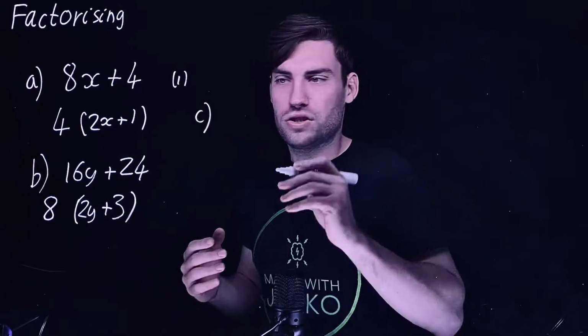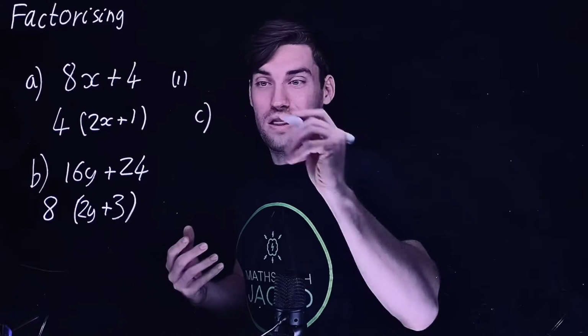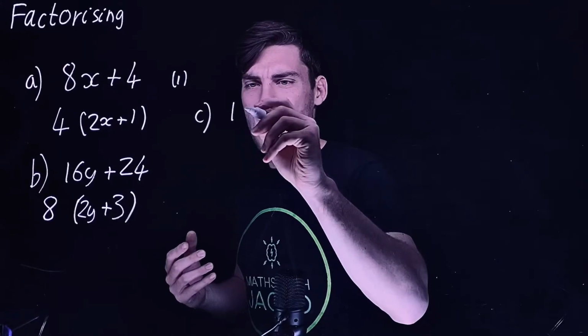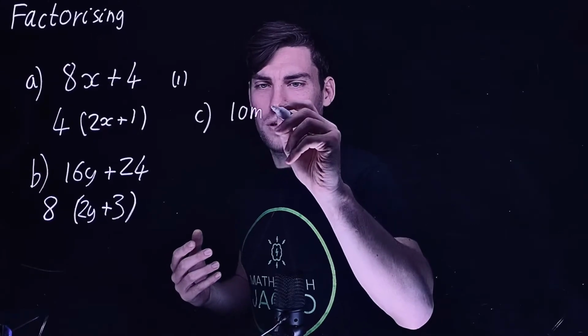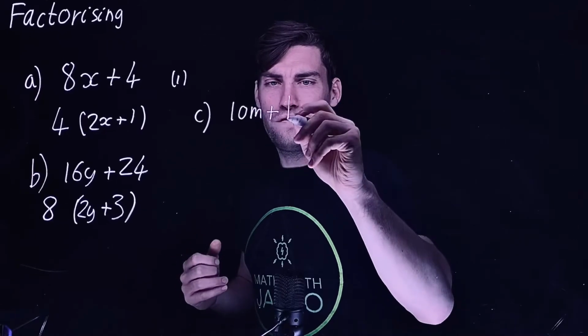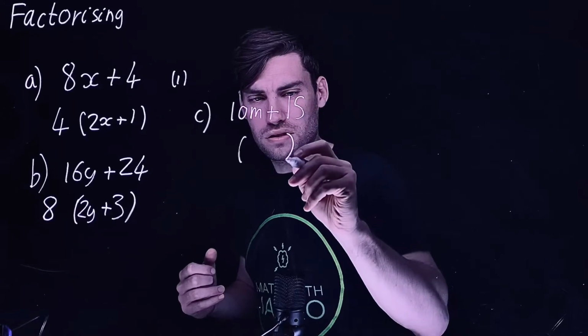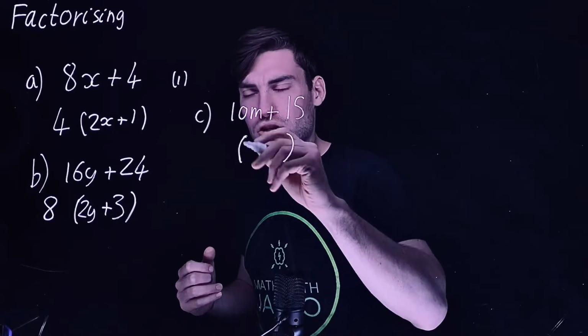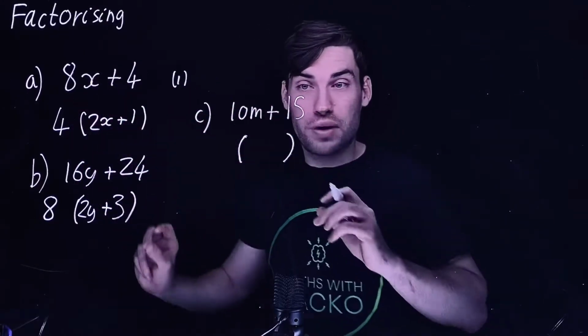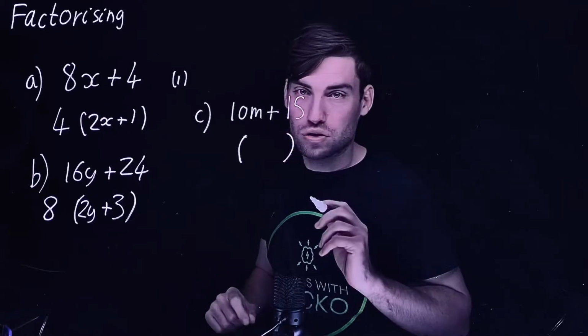Question C. I want you to factorise this one. Let's say we've got 10m, we'll go with m just to mix it up, plus 15. So factorise this. These are also called linear expressions, because they don't have a little square on them.